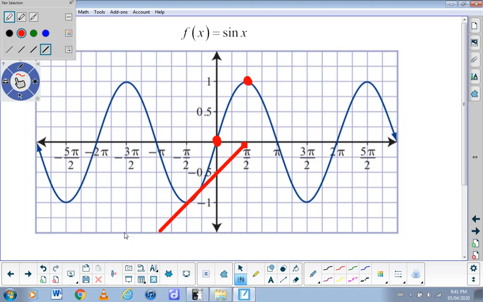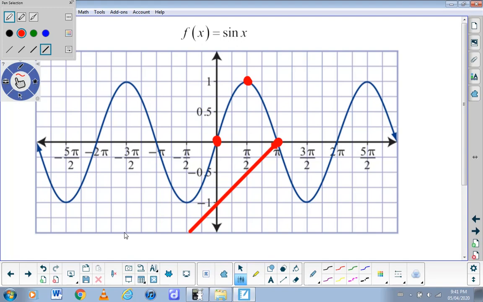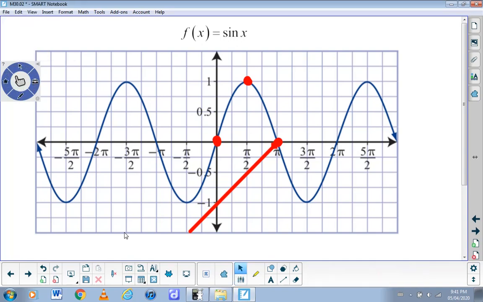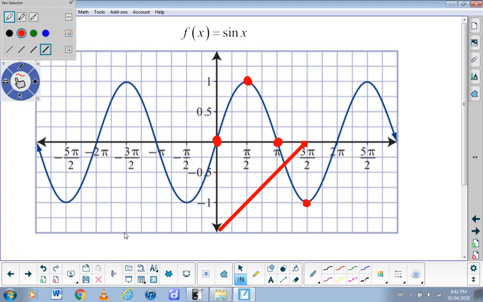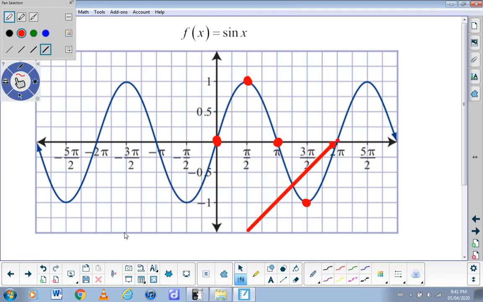And then you could continue this procedure. You could go to pi and discover that sine of pi is 0, and you could go to 3 pi over 2 for x and discover that y is negative 1. And finally, when you got over to 2 pi for x, you would discover that you're back at the beginning.